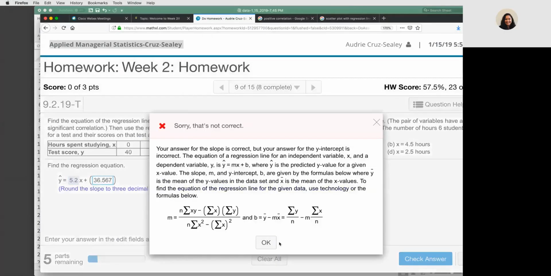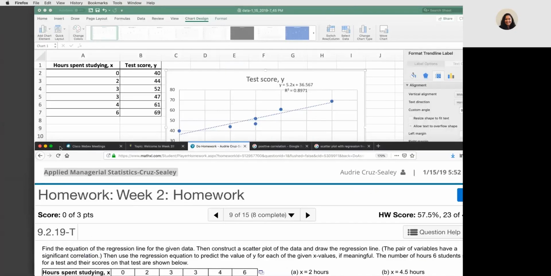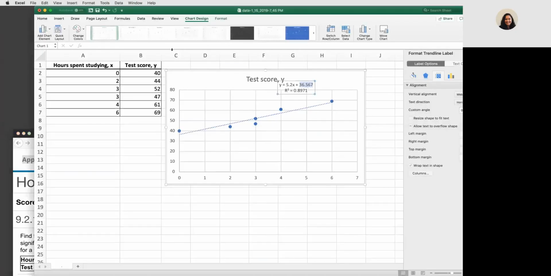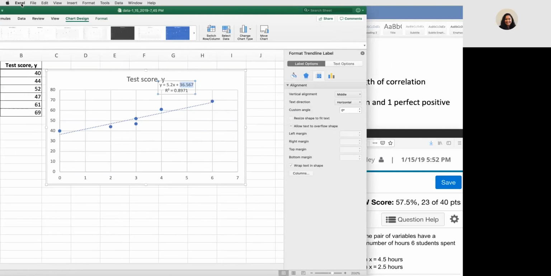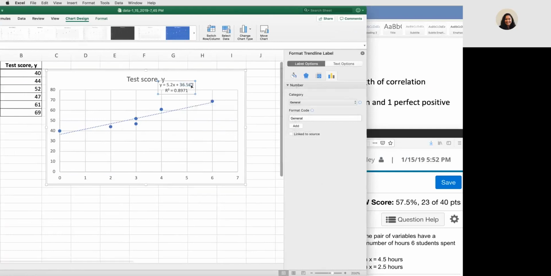Ugh, why is it not right? Hold on. 36.567. Nope. There is a way to make the decimals go bigger.